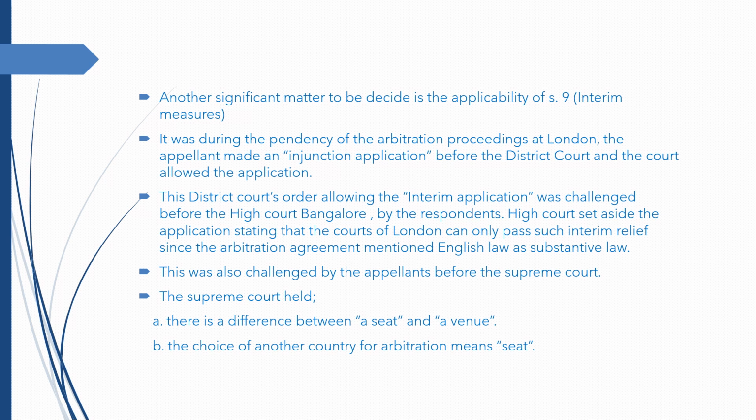And what did the Supreme Court say? The Supreme Court remarked on two important terms: a seat and a venue. Now we will see what the difference is. When the parties agreed that the proceedings will be happening in a foreign country, we call it a seat.